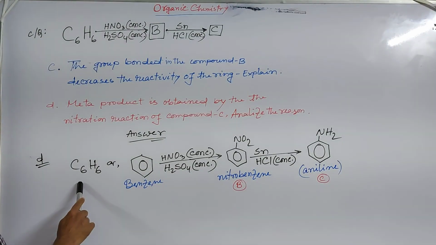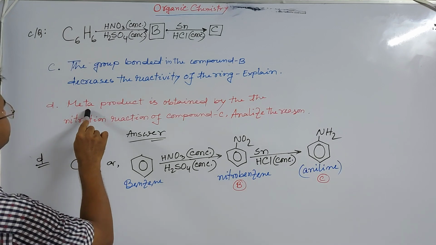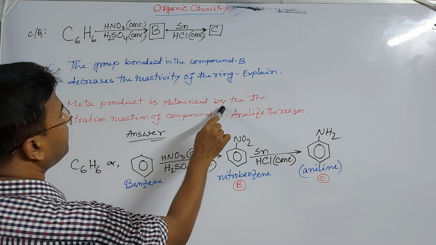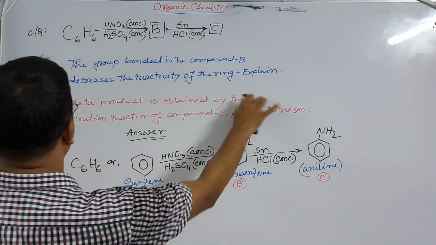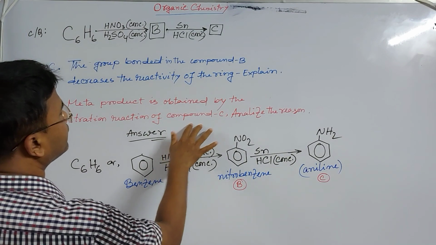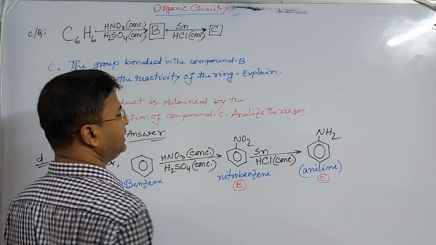My dear students, if you observe the question on J, the meta product is obtained by the nitration reaction of compound C. Here C indicates aniline.